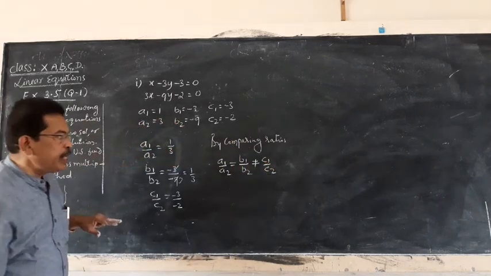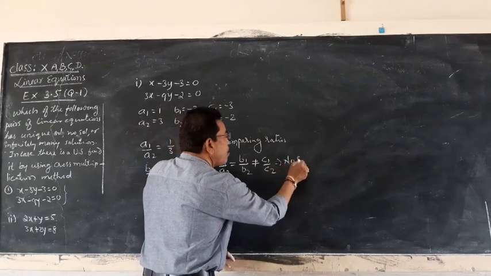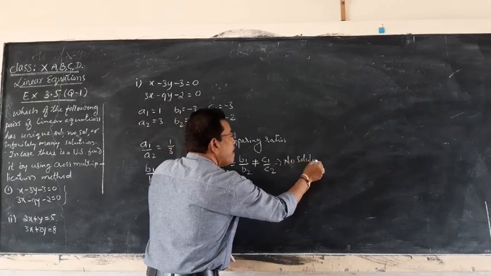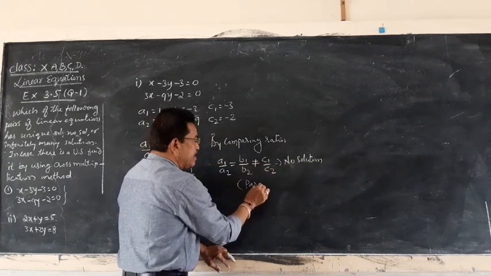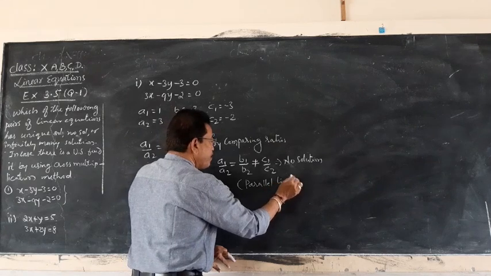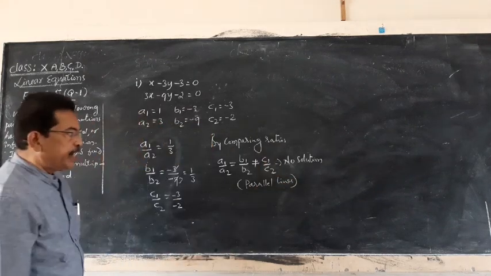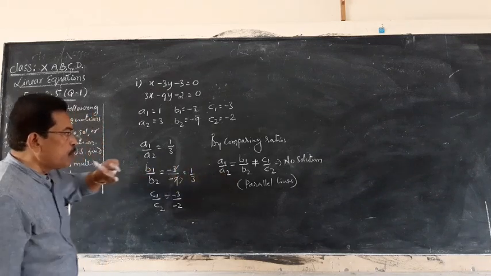What does it mean? No solution. Why does this condition represent parallel lines? This condition represents parallel lines, so no solution.